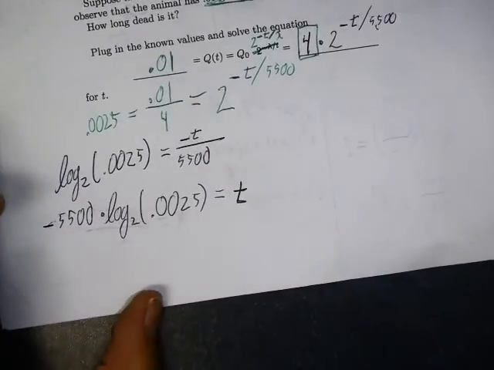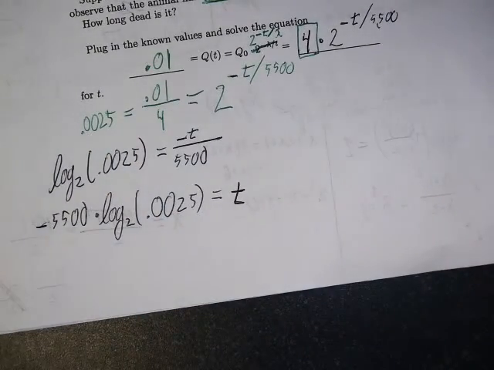Again, we have this issue that it looks like the answer is negative. There's a negative sign. But this thing inside the log is less than 1. So what type of number do I have to raise to in order to get a number less than 1? I have to raise it to a negative. So that log will definitely be negative. And by now I've stalled long enough that you guys can tell me what negative 5500 times the log base 2 of 0.0025 is.